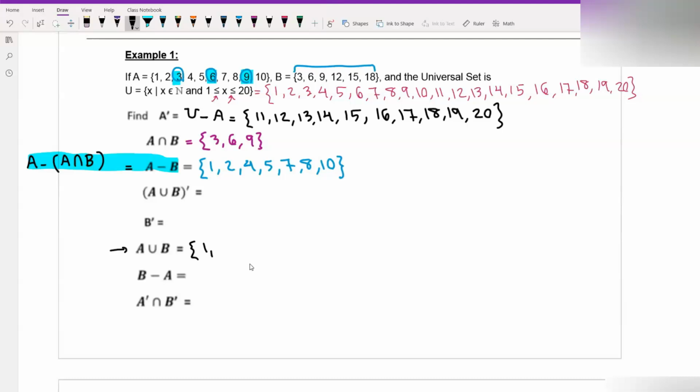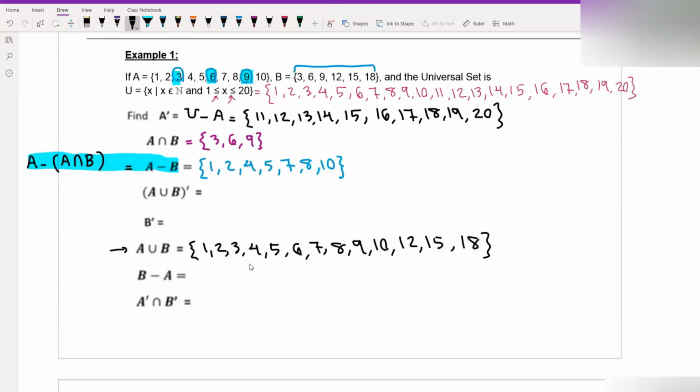So it's 1, 2, 3, 4, 5, 6, 7, 8, 9, 10, 12, 15, 18. So we have all members.